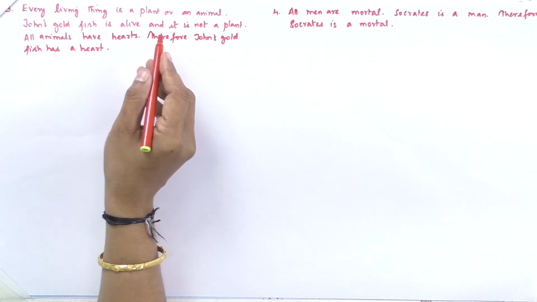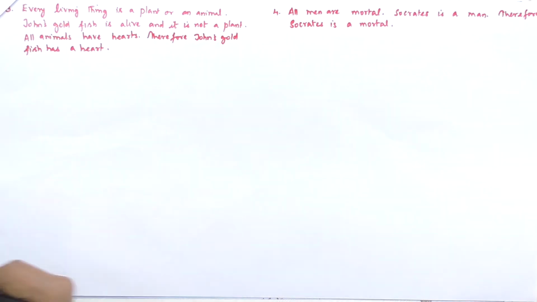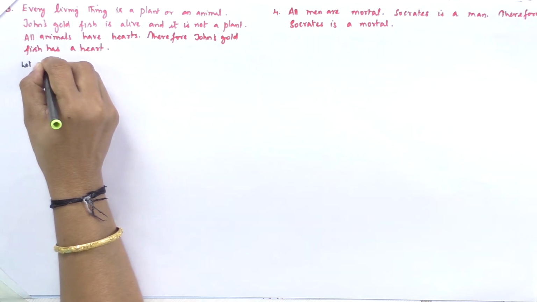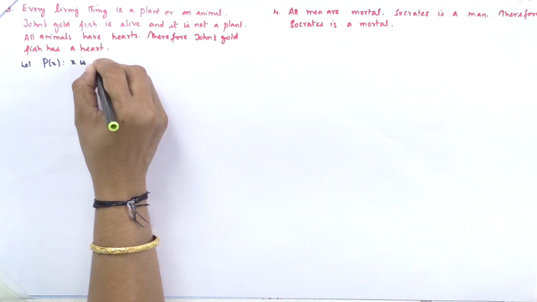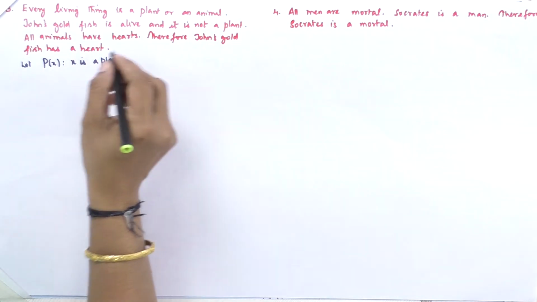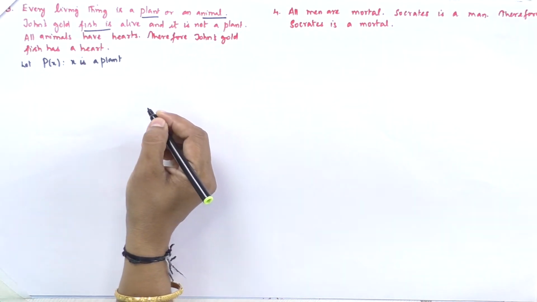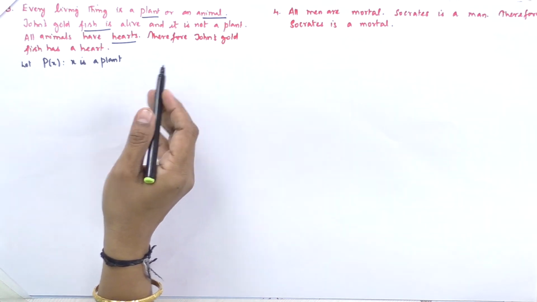Every living thing is a plant or an animal. Now we will have the solution part. Let P of x mean x is a plant. Then we have plant, animal, John's goldfish, and also animals have hearts. These are the four keywords we have identified.